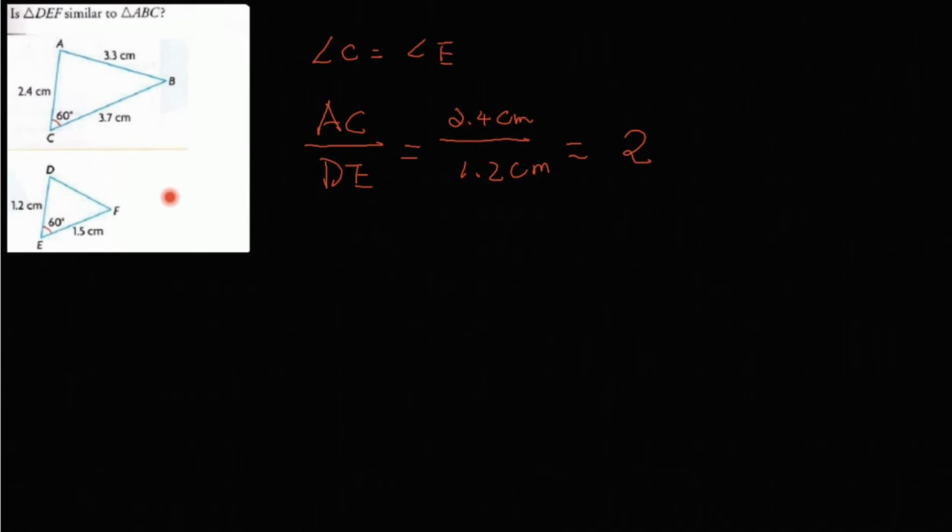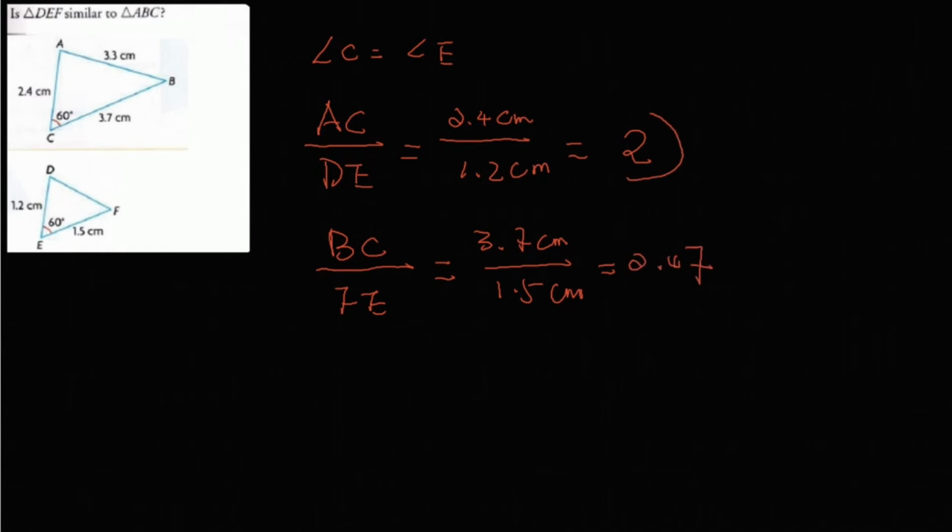Okay, we determine another ratio, BC over FE, where BC equals 3.7 centimeters and FE equals 1.5 centimeters. It equals 2.47.